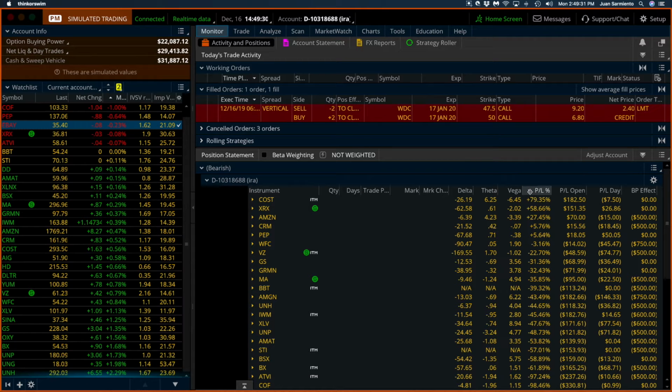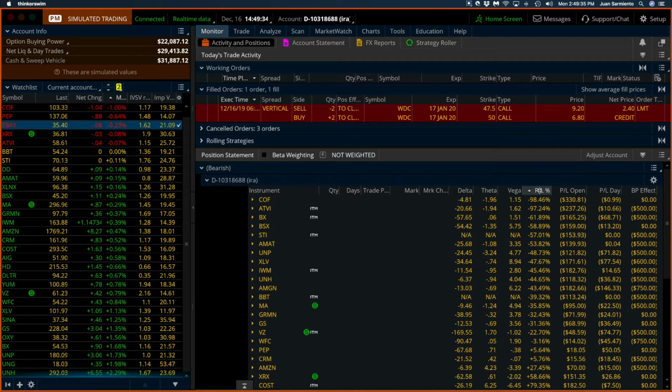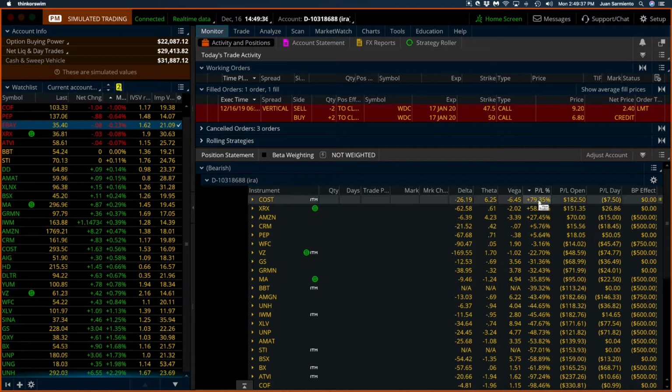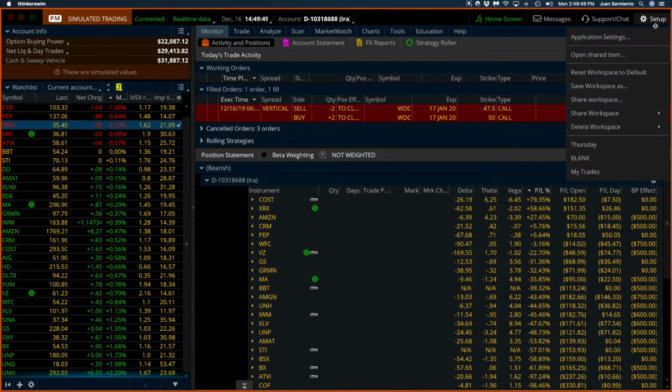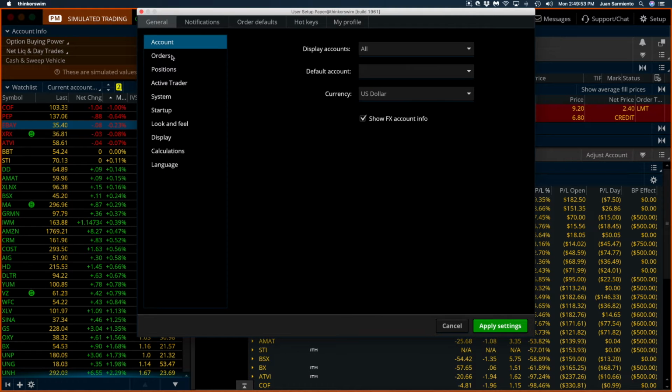And to do that, click on this little triangle here, so that the positives are at the top. And I have Costco here, and it says in the money, so it is about to expire this week. And to set that up, you go to application settings and orders, I believe, or positions.